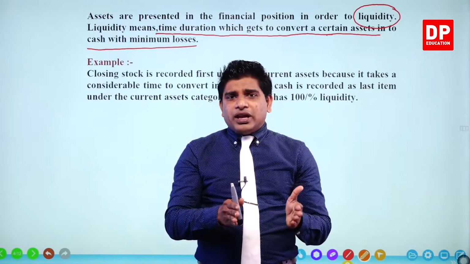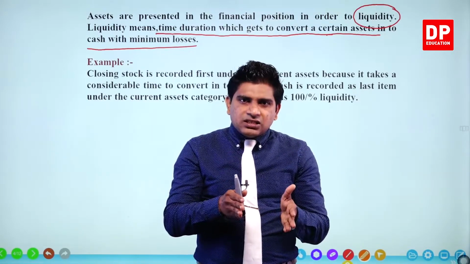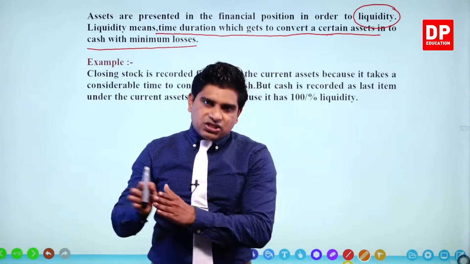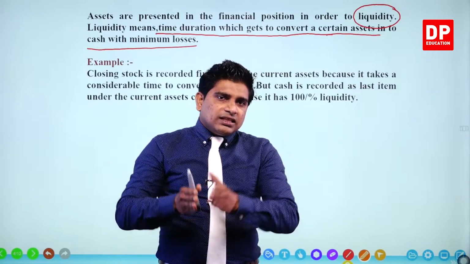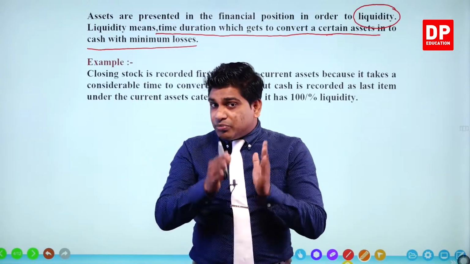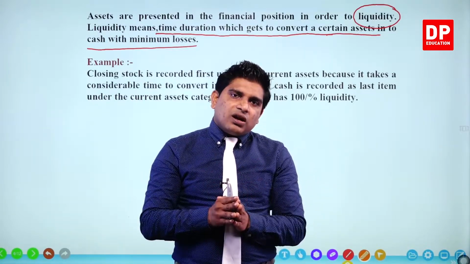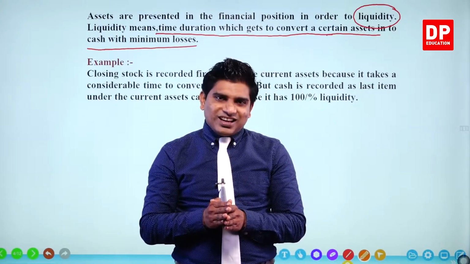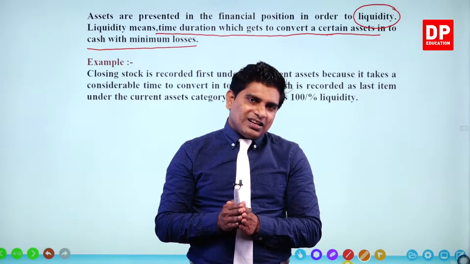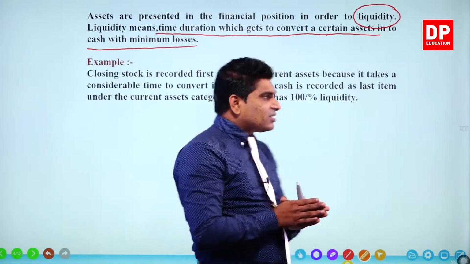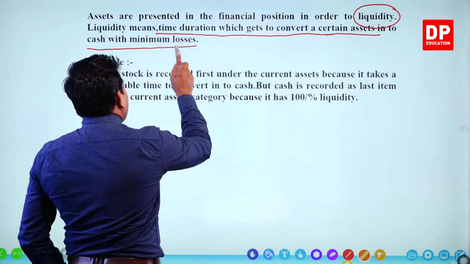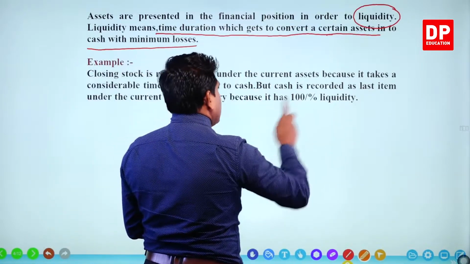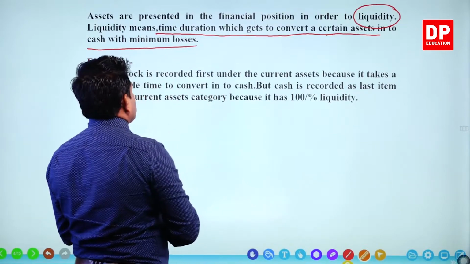The time duration it takes to convert a certain asset into cash with minimum losses, that is called liquidity. I think you understood well, right? Liquidity means what? The time duration it takes to convert a certain asset into cash.